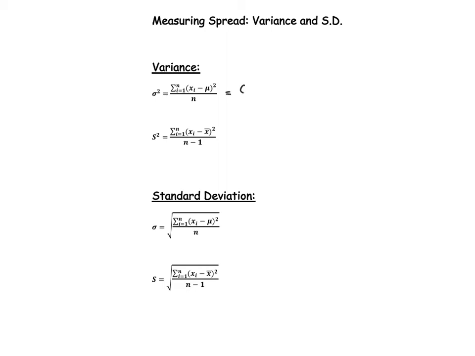So we would take the first term, subtract the mean, square it. Second term, subtract the mean, square it. Third term, subtract the mean, square it, all the way out to the nth term, subtract the mean, square it, and divide by the number of terms.